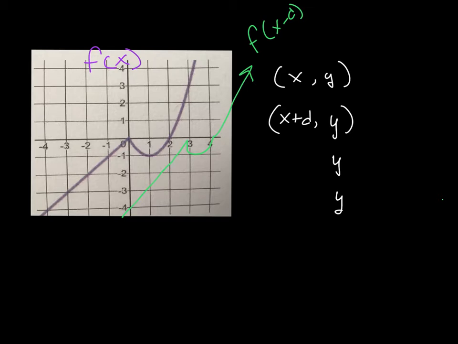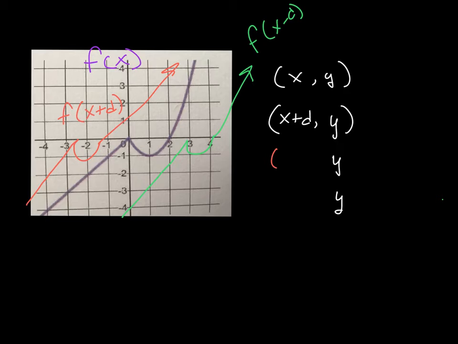If we have a translation the other way, and again, this is your translation where you are actually adding, the horizontal change does the opposite of what you were doing.